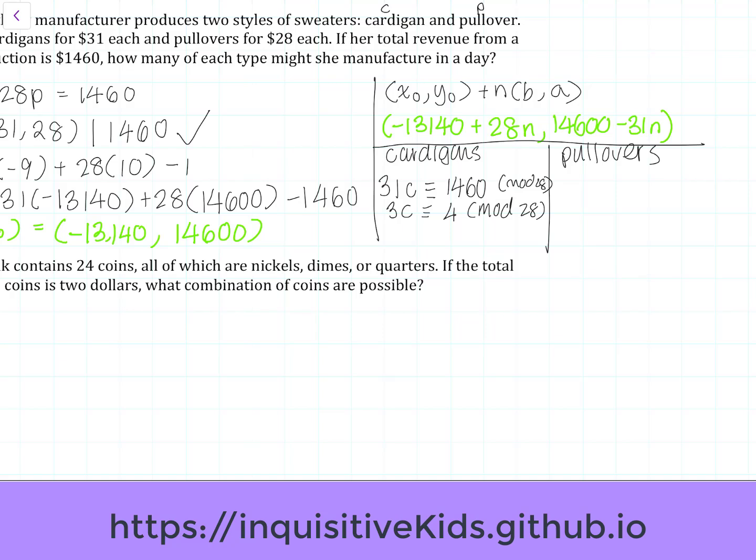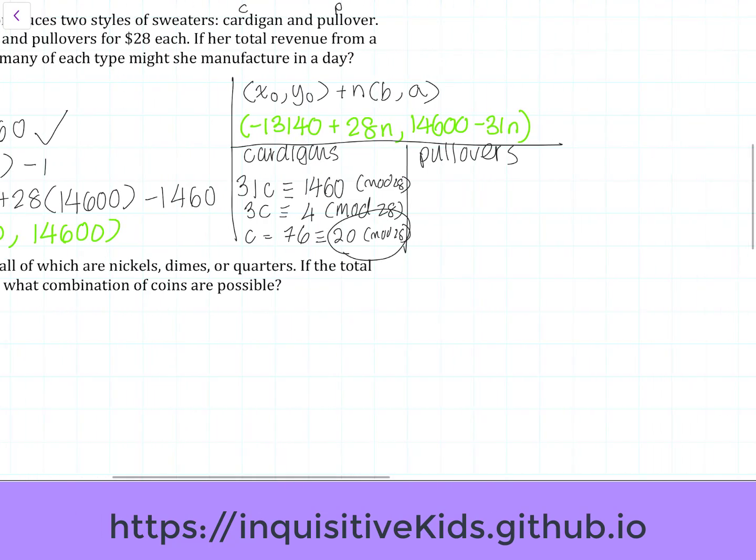And now we multiply the inverse on both sides. Because the inverse of 3 mod 28 is equal to 19, multiplying 19 on both sides, we have c is equal to 4 times 19, which is equal to 76 mod 28. But 76 mod 28 is the same as 20 mod 28. So 20 cardigans would be one possible value.